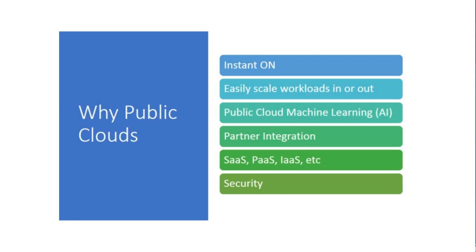All those things are leveraging this artificial intelligence engine that is being built out to give you copious amounts of data and results that you just wouldn't be able to accomplish in a private cloud, because no one has the resources or time to do it that public clouds do when they do it at scale.